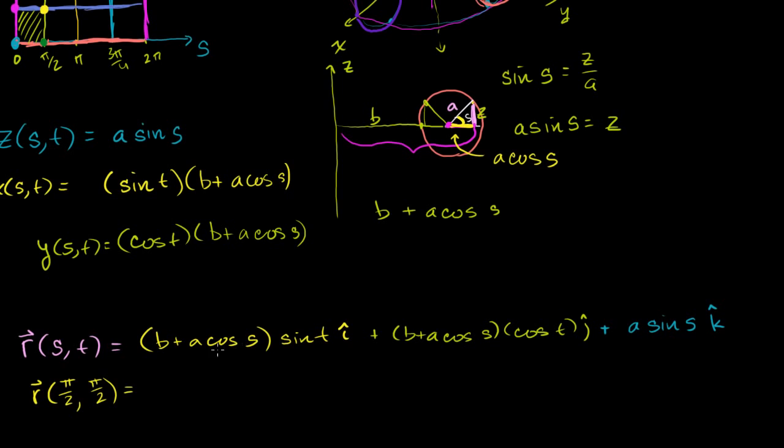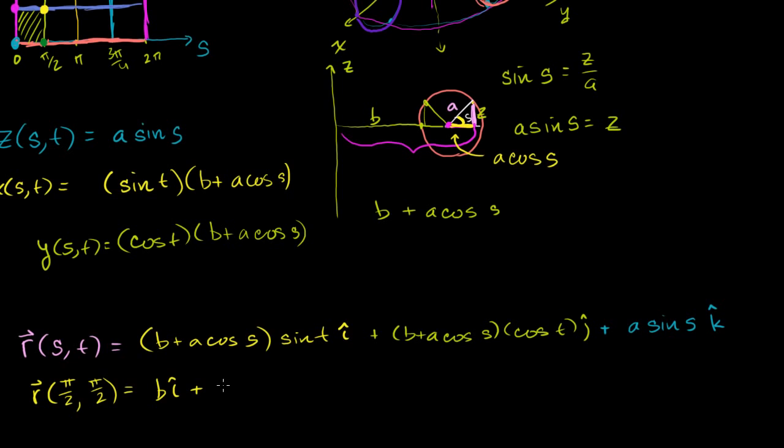Cosine of 90 degrees. So this whole thing is going to be b, times sine of pi over 2. Sine of pi over 2 is just 1. So it's going to be b times i plus, once again, cosine of pi over 2 is 0. So it's going to be 0j.